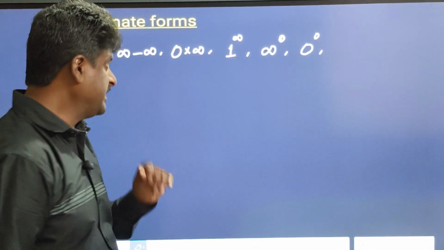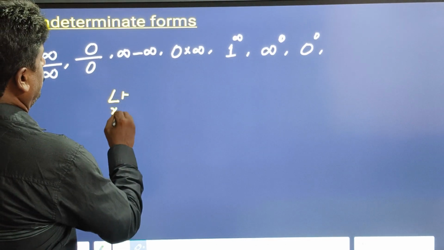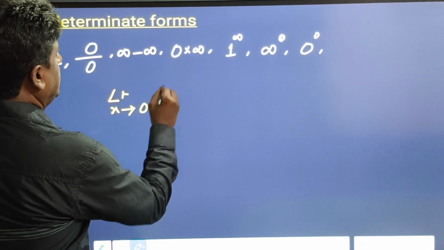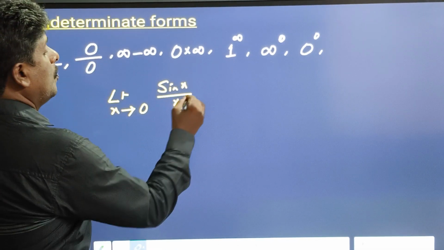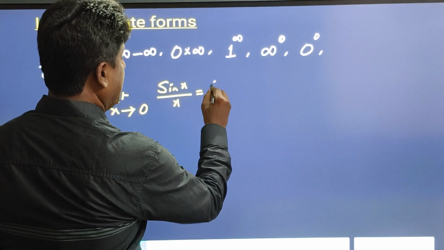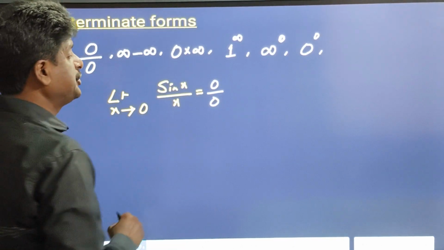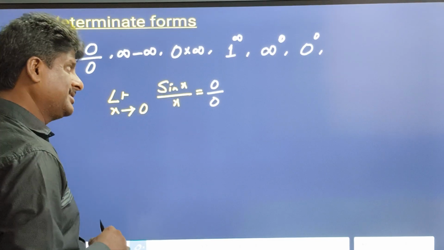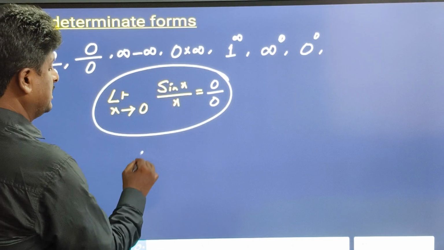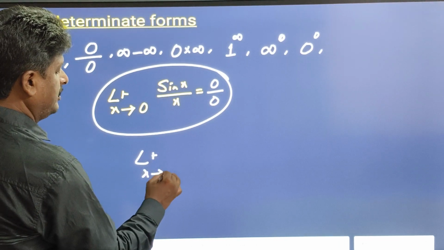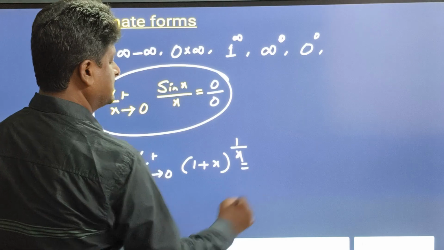Okay. In limits, many questions will be given in these forms. Limit x tends to 0 of sin x by x: while applying the limit as in the previous case, sin 0 is 0, x is also 0, we get the 0 by 0 form. Sometimes we will have limit x tends to 0 of 1 plus x whole power 1 by x.